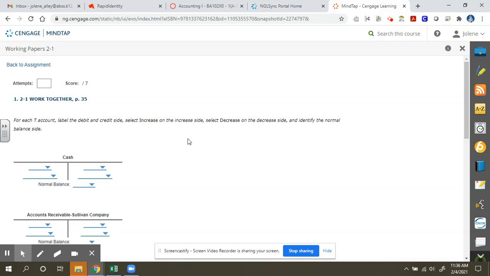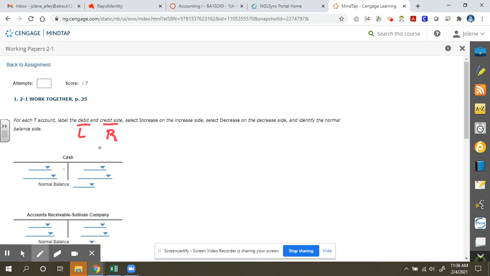Well, I want to remind you that the normal balance side is the increase side. All right, so I'm going to use my writing tablet here, and sorry that the handwriting isn't all that great, but I want you to notice that debits are always on the left and credit is always on the right.